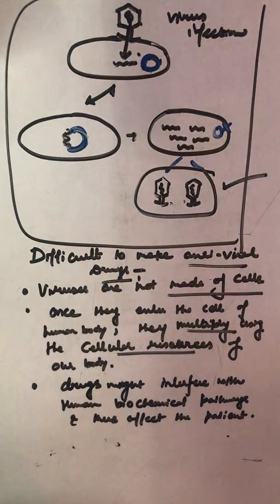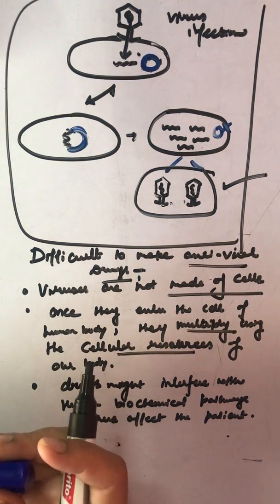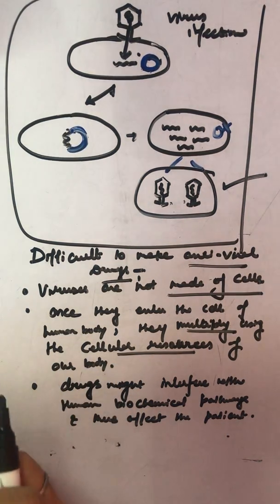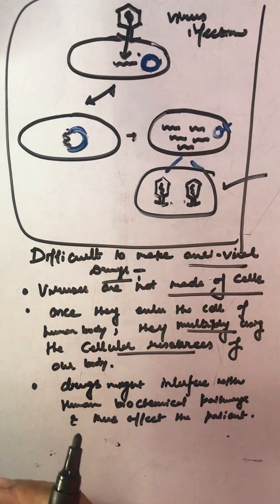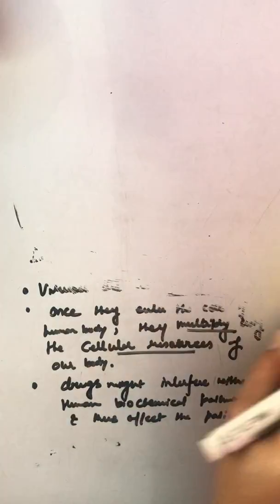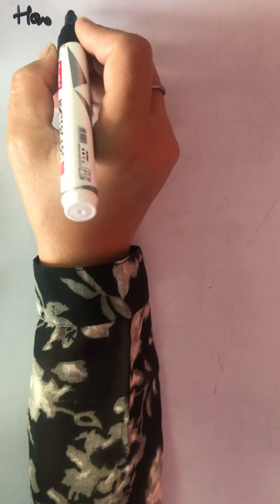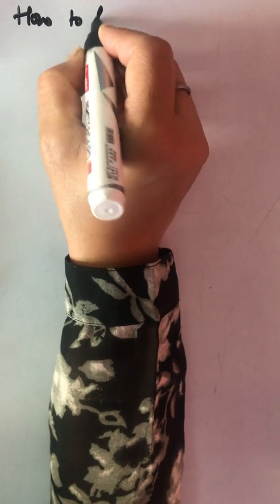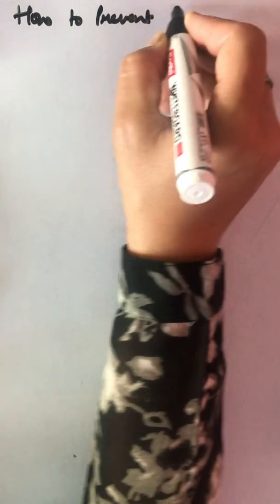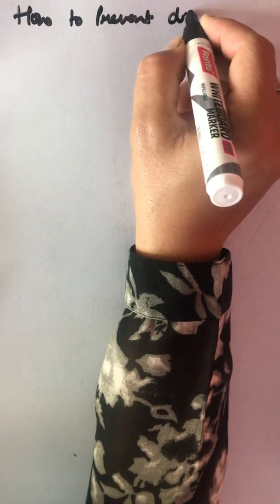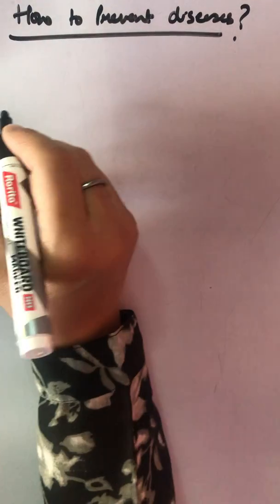Then the next question comes, how to prevent a disease? If we are saying that it is very difficult to make these drugs, then how to prevent a disease? It has become a task now, how to prevent diseases.